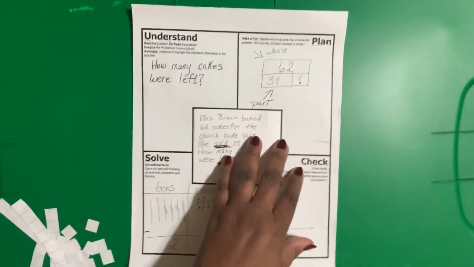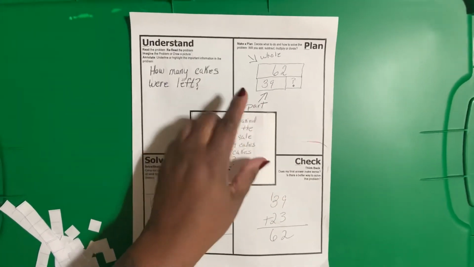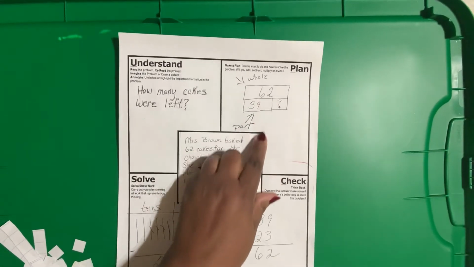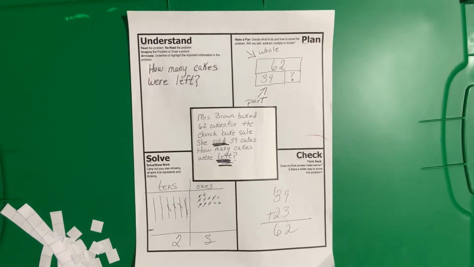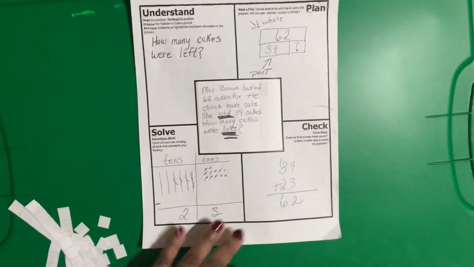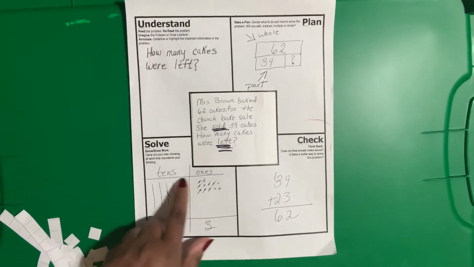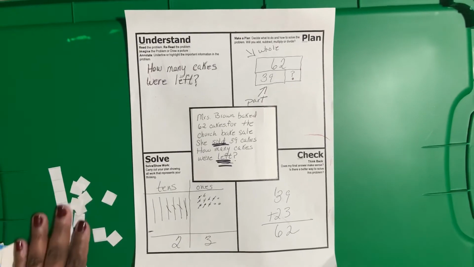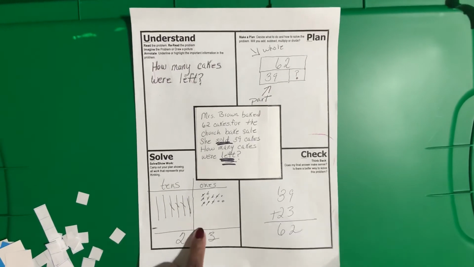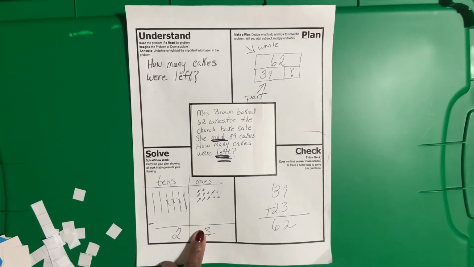For my plan piece, I knew that 62 was the whole, 39 was the part, and we needed to find out how many cakes were left. And here it is in the representational part. Even though I used these for the concrete, I drew this out in my solve piece.